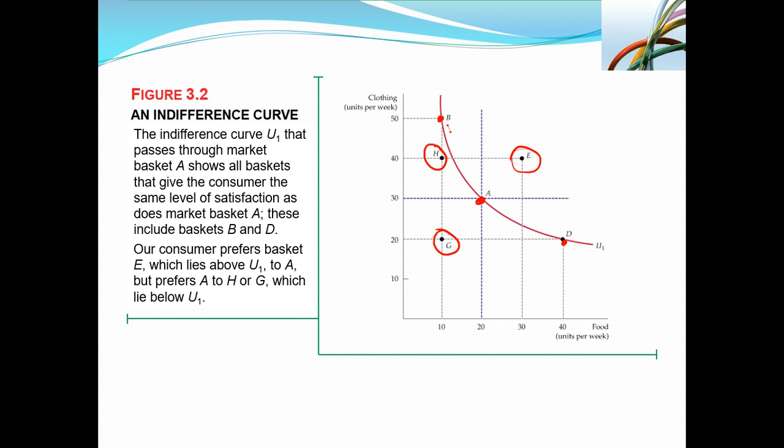Why? Because if we draw this indifference curve there is no way that H and B can be on the same indifference curve, because by definition an indifference curve should have those combinations from which a consumer derives the same level of utility. But as you can see, H there is actually falling on a lower indifference curve, right?